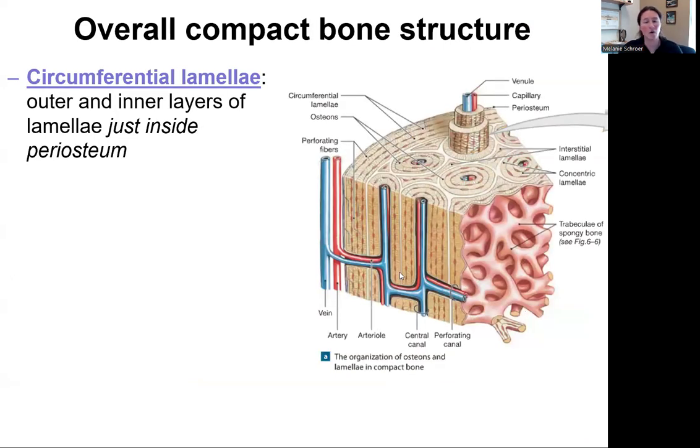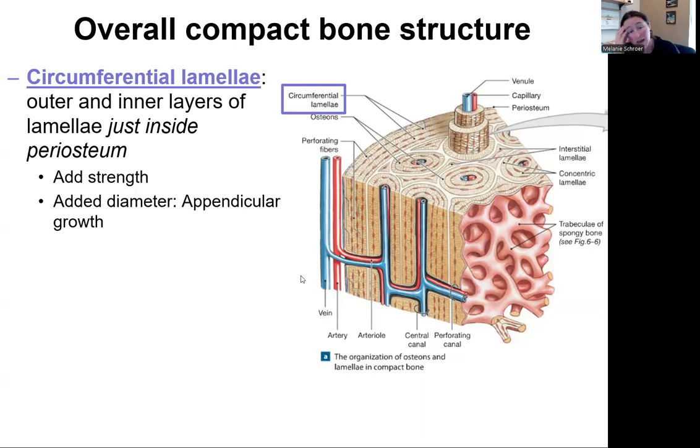So the osteons aren't the only structural component of the compact bone. We also have concentric lamellae that go all the way around the bone. This is building the diameter of the bone bigger and bigger. We can lay down a layer and a layer and a layer, kind of like tree rings, literally. These circumferential lamellae are just inside the periosteum, and the more we lay down, layer after layer, actually adds diameter to the bone, and the bigger the bone is, the stronger the bone is.